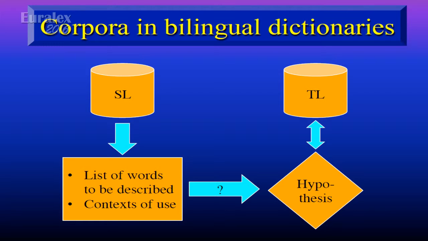It's quite straightforward to analyze the source language corpus, come up with a list of words to be described, and see the context of use. But in order to activate, to do something with the target language corpus, we first have to come up with some kind of hypothesis. How do we do that?